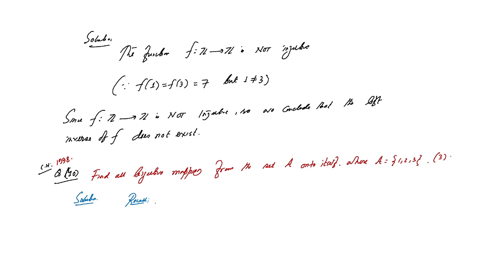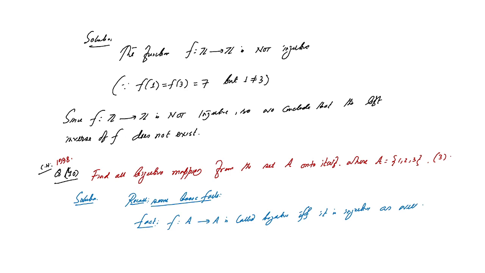Our fact 1: a map from A to A is called bijective if and only if it is injective as well as surjective.